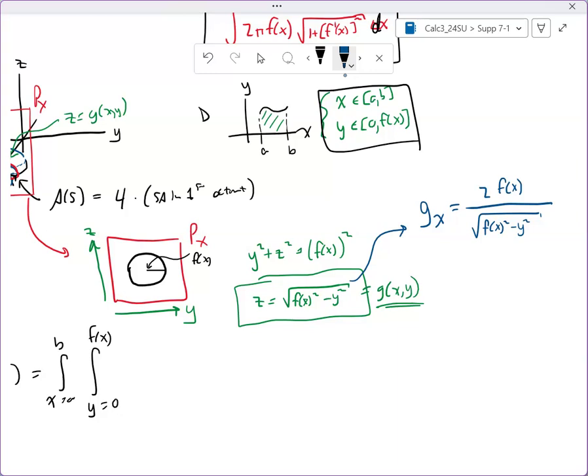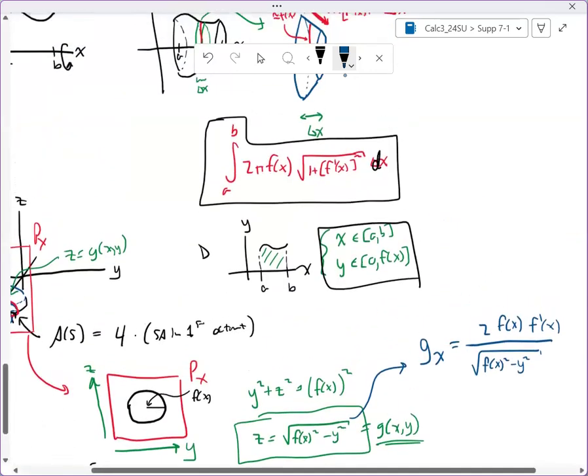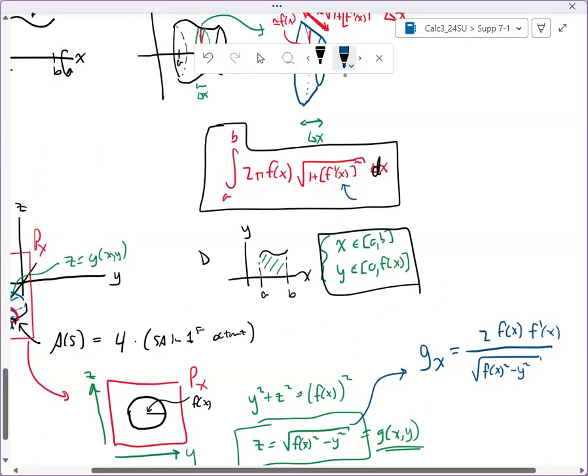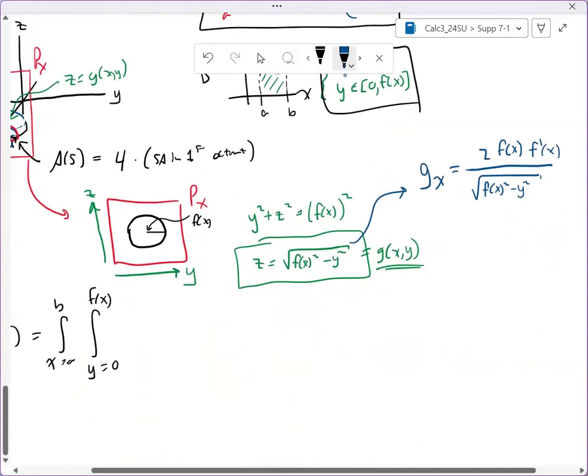We differentiated f of x squared with respect to x. So that's 2 f of x to the first times the derivative of f of x, times f prime of x. Easy to forget that last little link in the chain, but we did get it here. And if we had missed it, we would have seen, how the heck are we going to get this f prime of x coming out of somewhere? But we got it, I think.